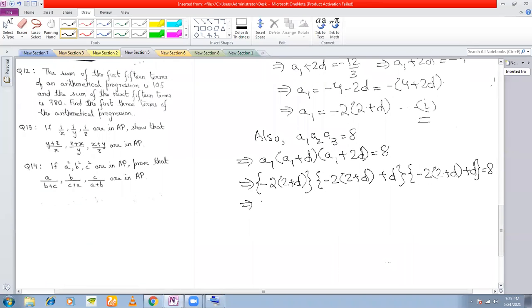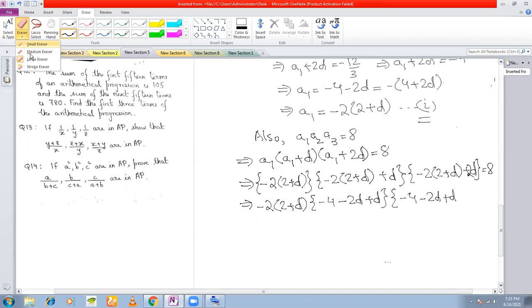Okay, so now what we do here is minus 2 into 2 plus D we keep as it is. And here in this we simplify minus 4 minus 2D plus D. And here we have minus 4 minus 2D plus D, right? So here we have A1 plus 2D, right?